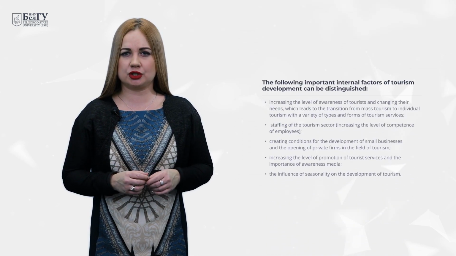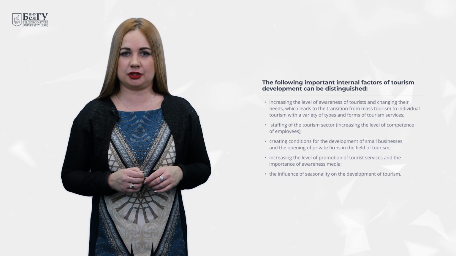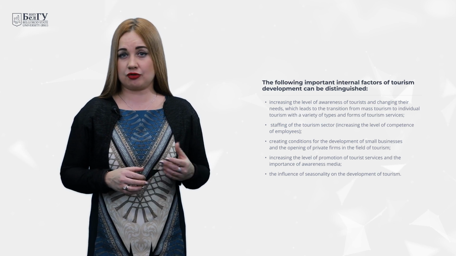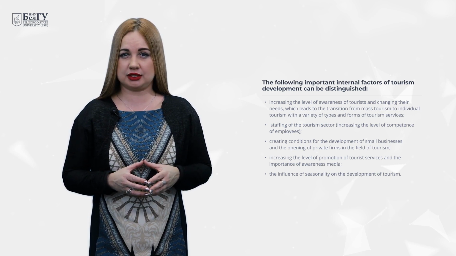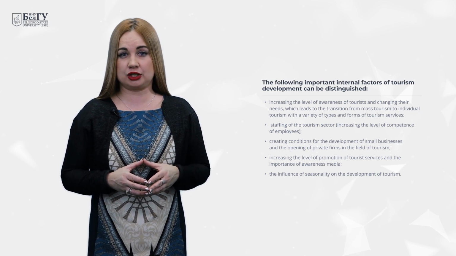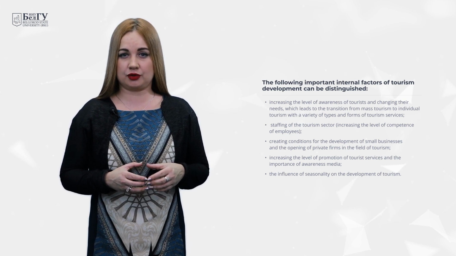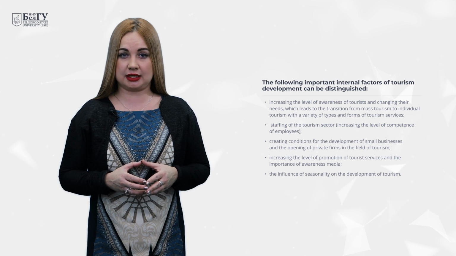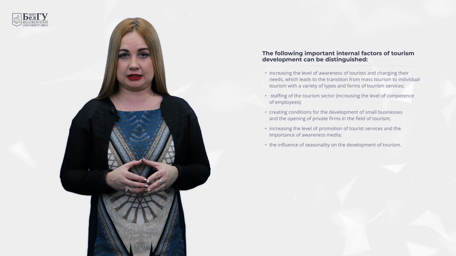The following important factors of tourism development can be distinguished: increasing the level of awareness of tourists and changing their needs, which lead to the transition from mass tourism to individual tourism with a variety of types and forms of tourism services. Staffing of the tourism sector, increasing the level of competence of employees.